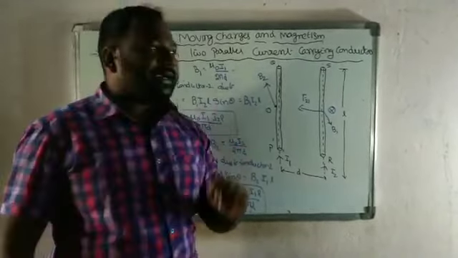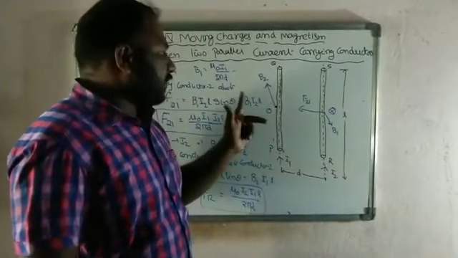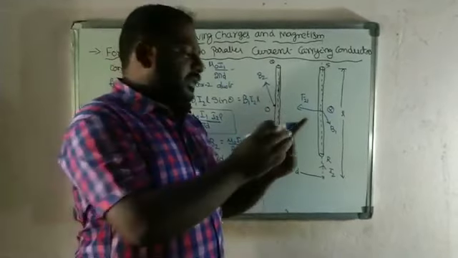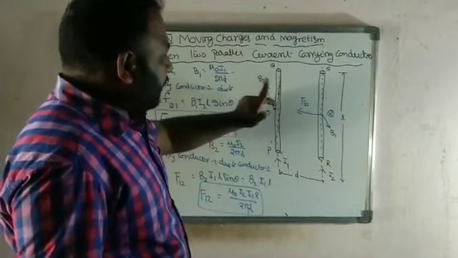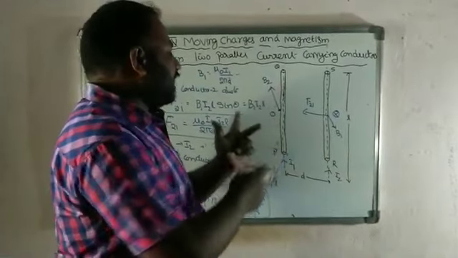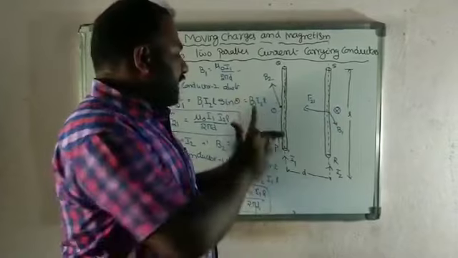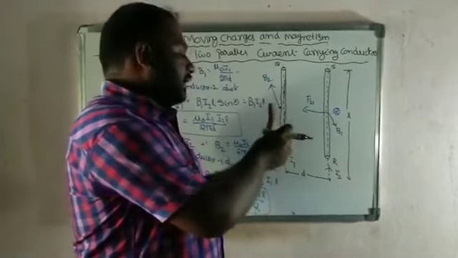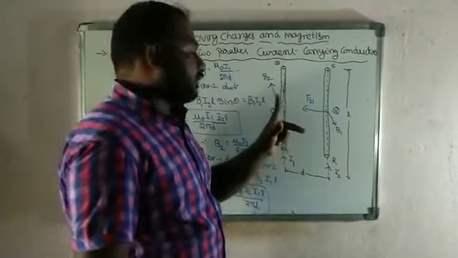And we are going to observe the direction. The direction of force is given by Fleming's left hand rule. Here Fleming's left hand rule is applied in this manner. See here, the forefinger represents the direction of the field, the middle finger the direction of the current, and the thumb indicates the direction of force.